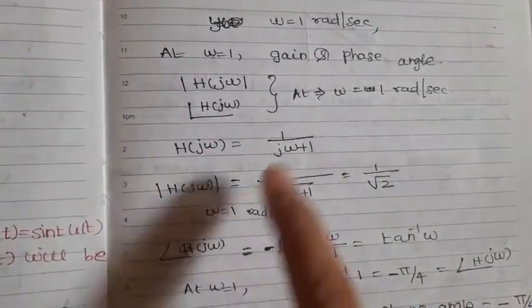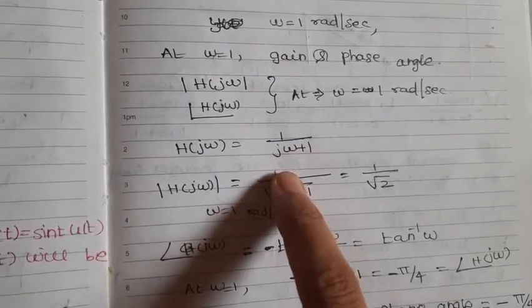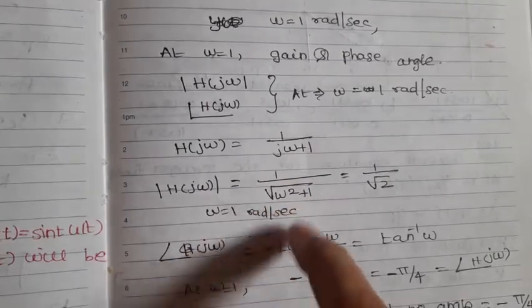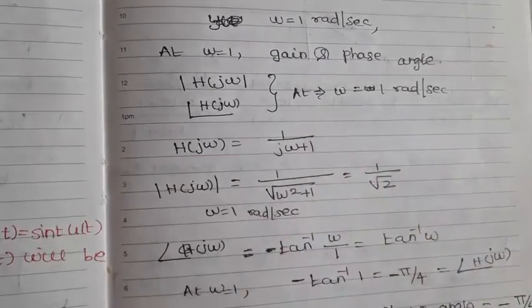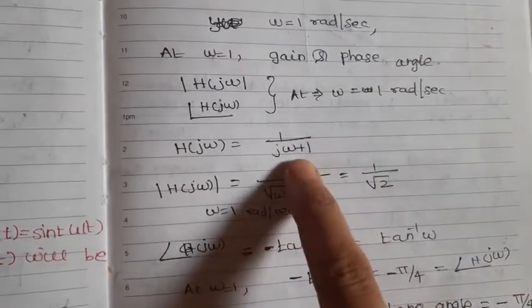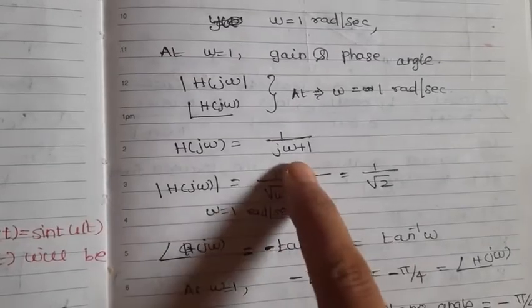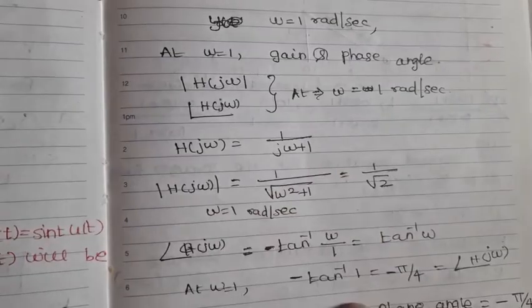Then find the angle from this. It is in the denominator, so how can we find the angle? We should know how to find the magnitude and phase angle value. Angle is nothing but tan inverse of imaginary part divided by real part in general. Since this is in the denominator, it is minus tan inverse of imaginary part, the coefficient of j omega, divided by real part 1.